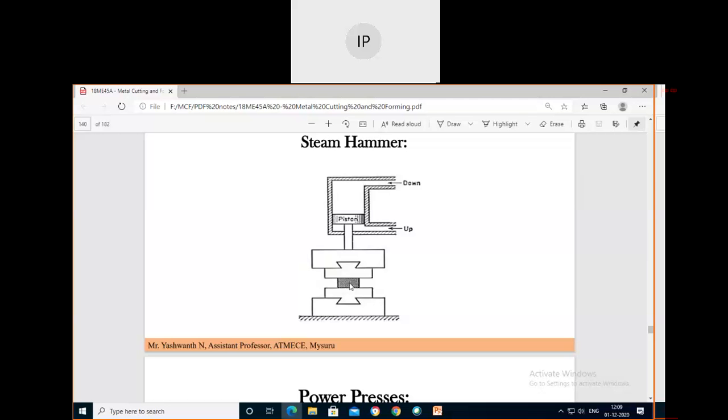With hammers or power hammers we studied the steam hammer and ball drop hammer. From the exam point of view, these are most important. Next class we go through the power presses. In that we have the mechanical press, hydraulic press and screw press. Over. All of you have taken this figure.